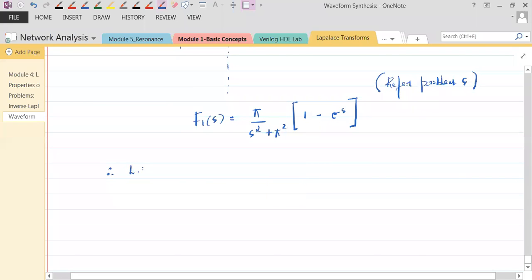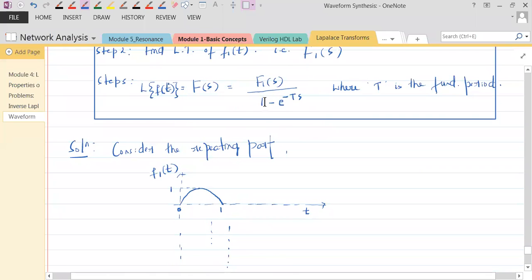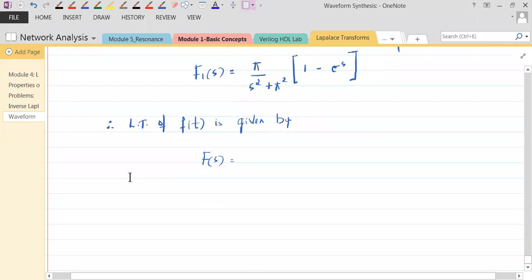Therefore, the Laplace transform of f of t is given by f of s equal to f1 of s divided by 1 minus e power minus Ts. This is the equation we need to consider.